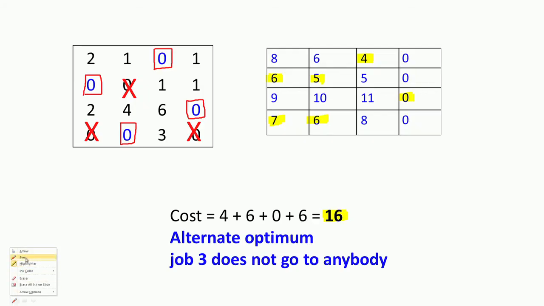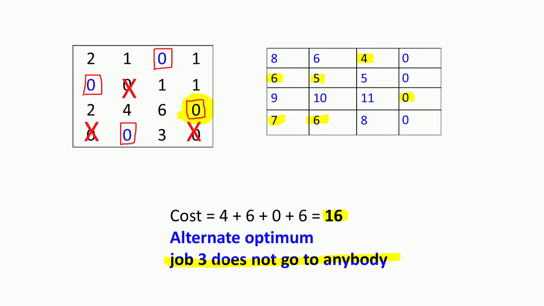Now, from this we also understand that this was our dummy, the imaginary 4th one. So, the dummy is now assigned to job number 3. So, job number 3 goes to the imaginary position, therefore, job number 3 does not go to anybody.